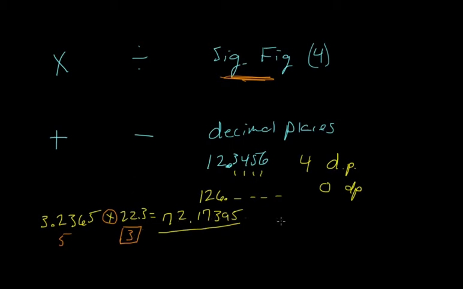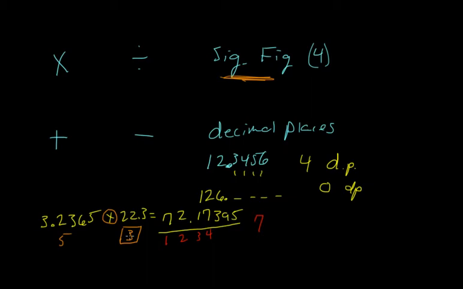If I look at this number, none of these are zeros, so the significant digits are 1, 2, 3, 4, 5, 6, 7. This number has 7 significant digits, but I can't have any more than 3. If I start numbering, that's the first one, the second, the third, and the fourth.